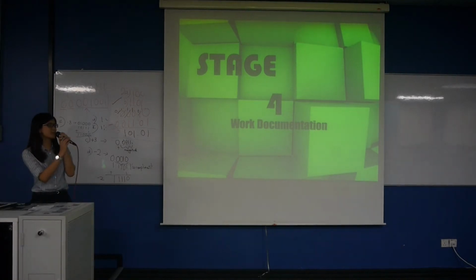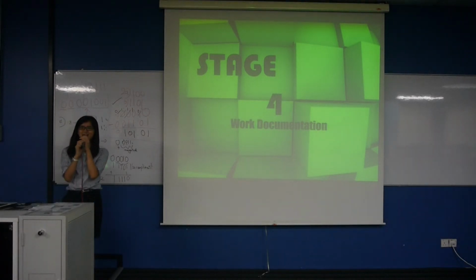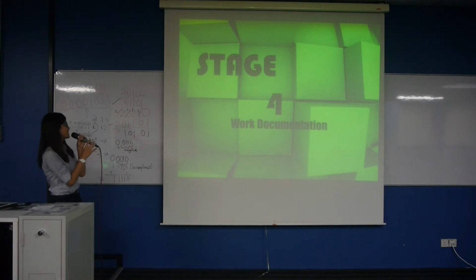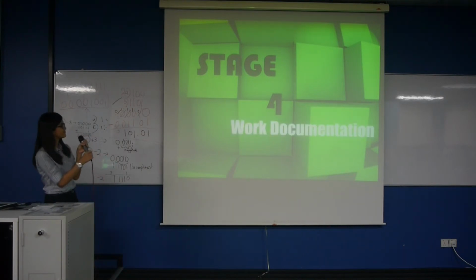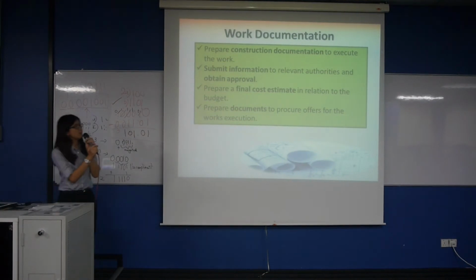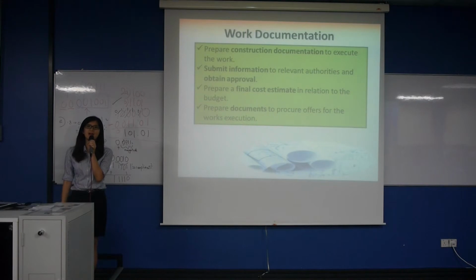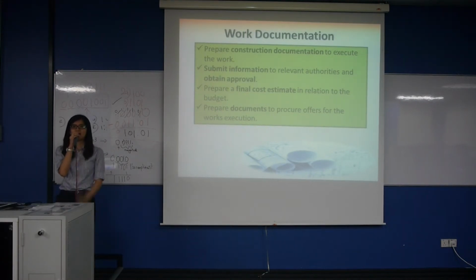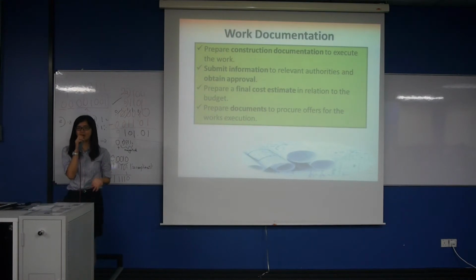And here comes the most boring stage, the fourth stage, work documentation. In work documentation, a landscape architect needs to prepare construction documentation to execute the work, and submit information to relevant authorities and obtain the approval of the project.